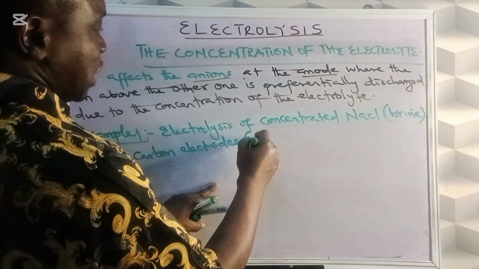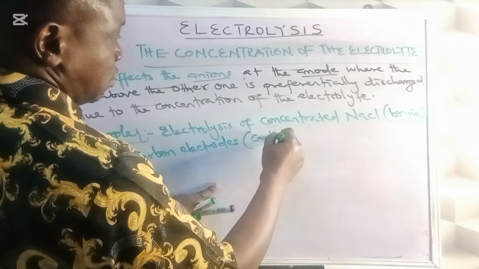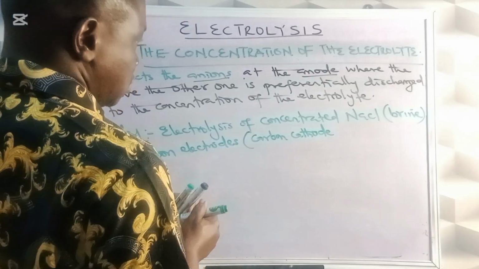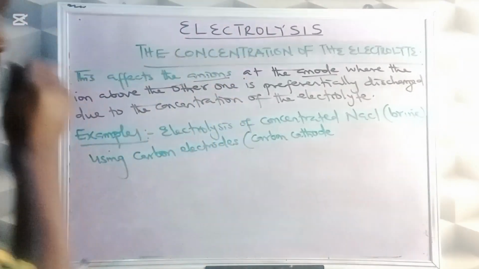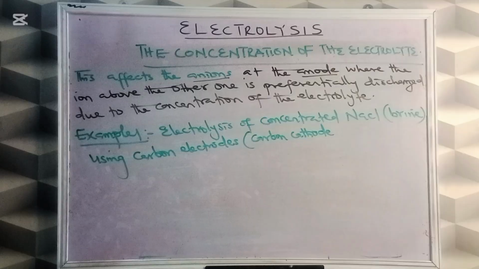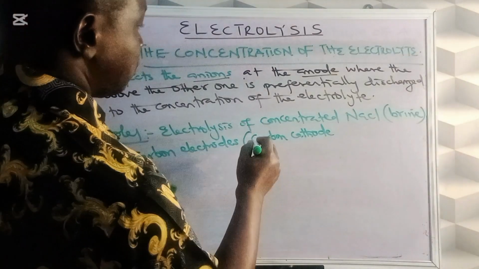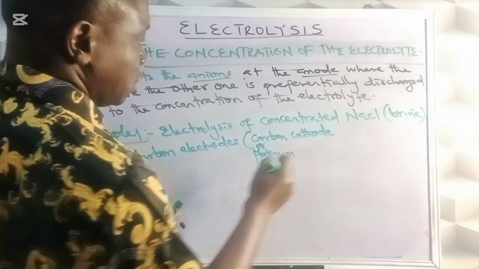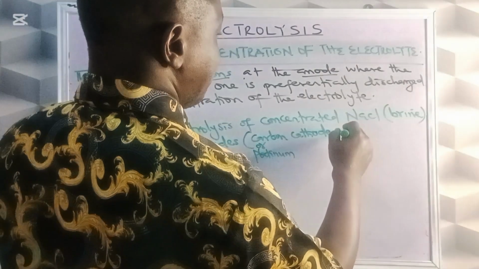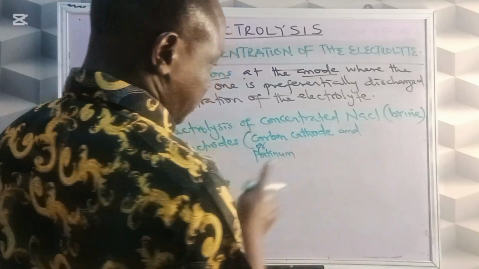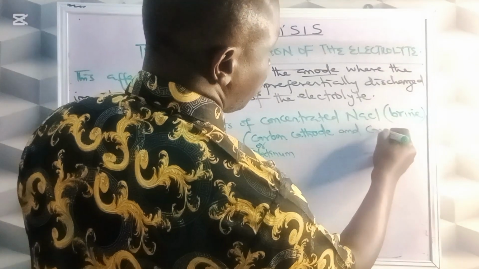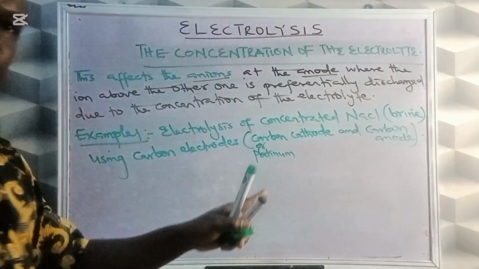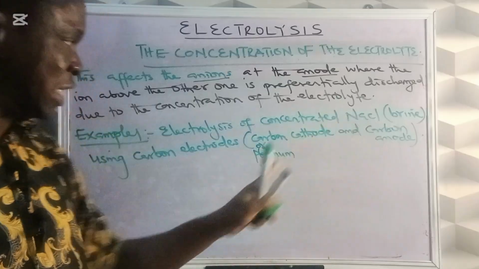Or you can use carbon cathode or platinum cathode, and for the anode, it must be carbon anode, because something will be liberated that will react with platinum.